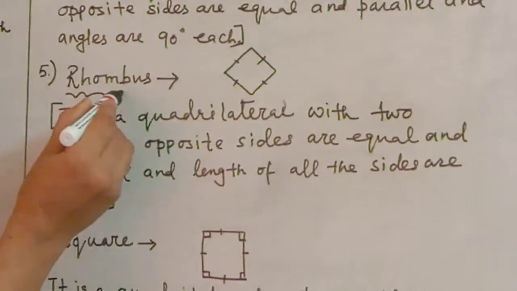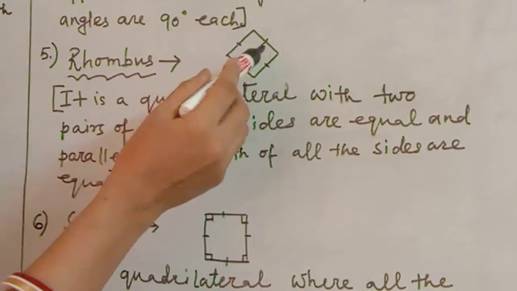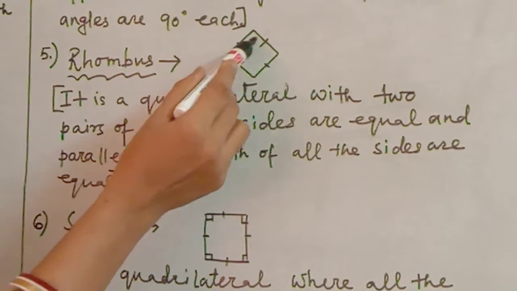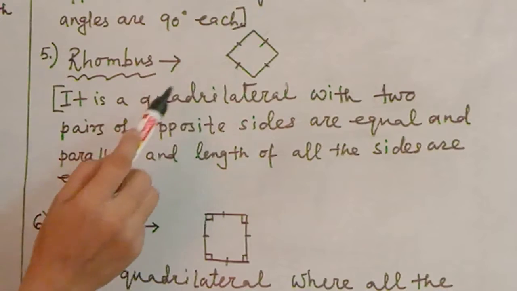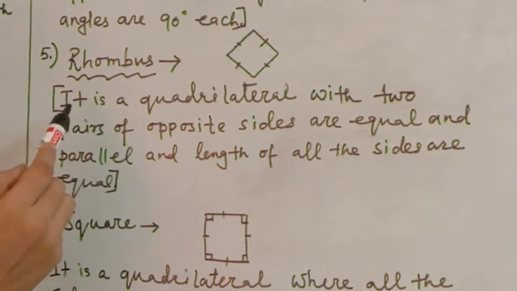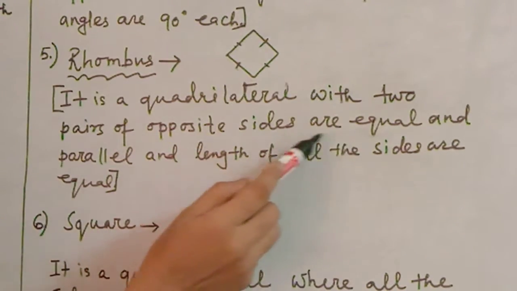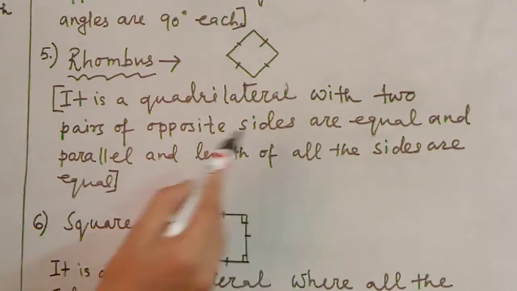It is a rhombus. Rhombus is also a quadrilateral, a four-sided polygon where all the sides are equal. In a rhombus, all four sides are equal. So the definition we can write is that it is a quadrilateral with two pairs of opposite sides equal and parallel, and the lengths of all the sides are equal.